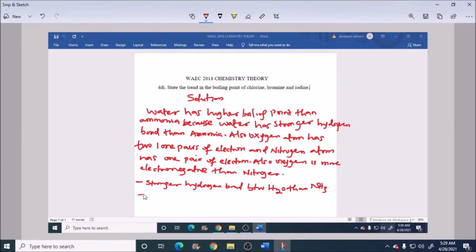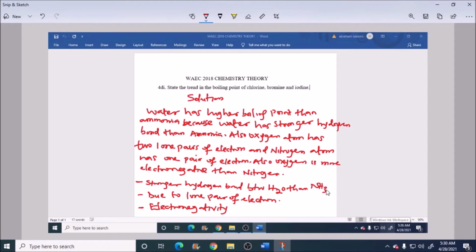So number 2, we can say that it is due to lone pairs of electrons, of course here oxygen has 2 lone pairs of electrons, while nitrogen has just 1 lone pair. Then you can still say that it is due to their electronegativity. So oxygen is more electronegative than nitrogen.